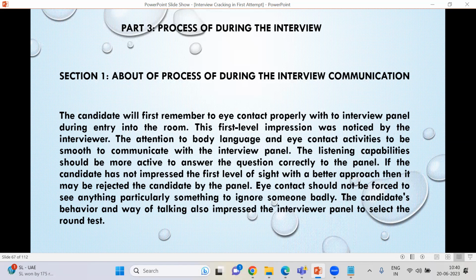It is mainly about eye contact and body language being properly communicated to the interview panel, because at first glance the interview panel will notice the candidate's behavior, the way of standing, the way of eye contact, and the body language, which will be evaluated by the interview panel.